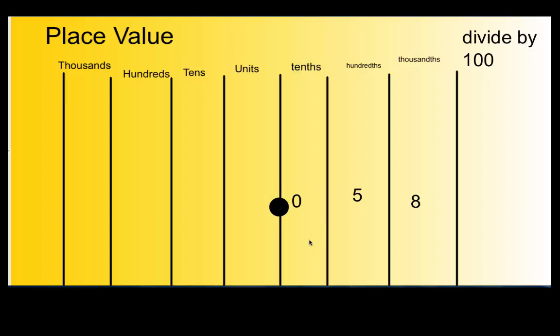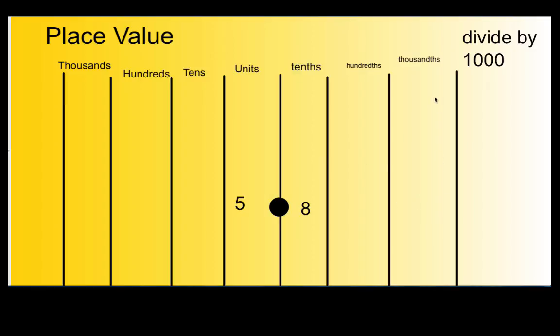That's fine. You can't put in any number because then it gets a real value, but you can put in a 0 there. That's fine because you don't just have nothing in the column. If you've got a 5 here and an 8 here, you've got to have something between those and the decimal point. So your answer is 0.058, which is really saying 0 tenths, 5 hundredths, and 8 thousandths.